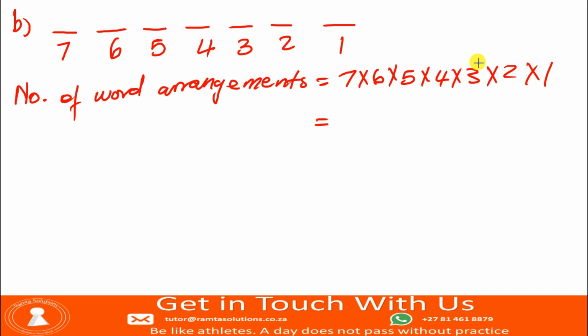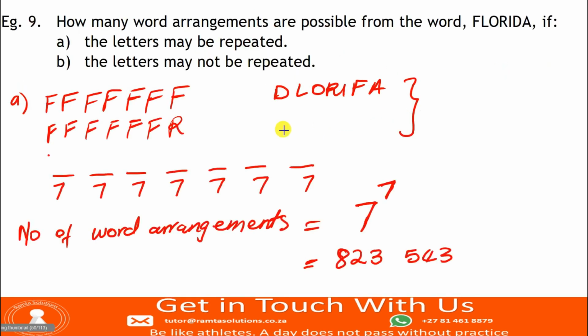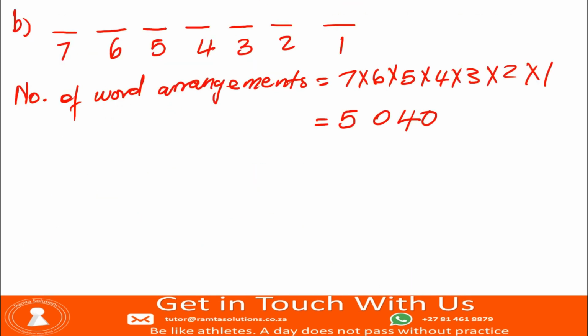So this number, when you're done, is 5040. So when the letters are not repeating, you can make 5040 words. But if the letters are repeating, you make 823,543.